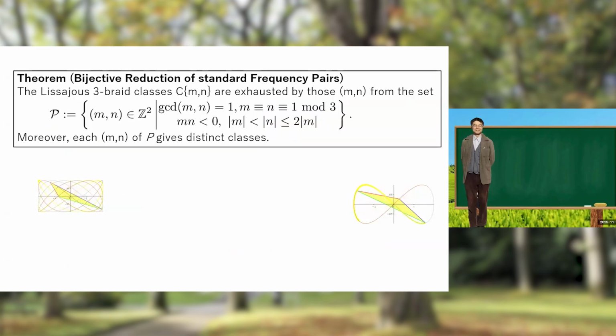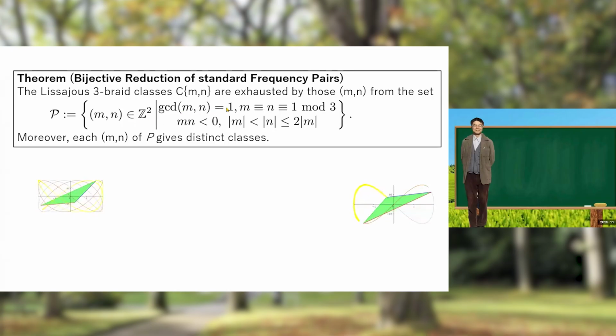Then we want to classify all Lissajous three-braid classes, but we don't need to consider all pairs; we may reduce to some good subsets of pairs, which is like this.